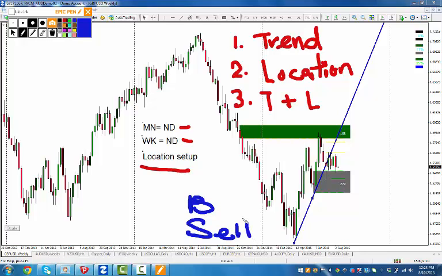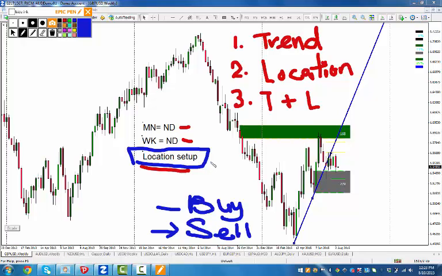It all depends on where the price is, right? So I'll be looking to buy if the price is very, very low, near the weekly or the monthly demand, and I will be looking to sell if the price is high on location, which is nearer to the weekly supply or the monthly supply, right? So for a location trade, basically I can look for buy or sell. It depends on where the price is.